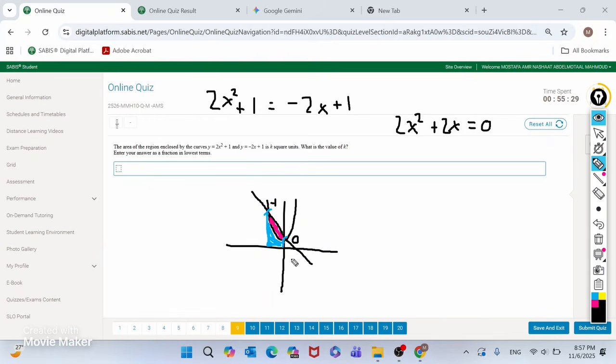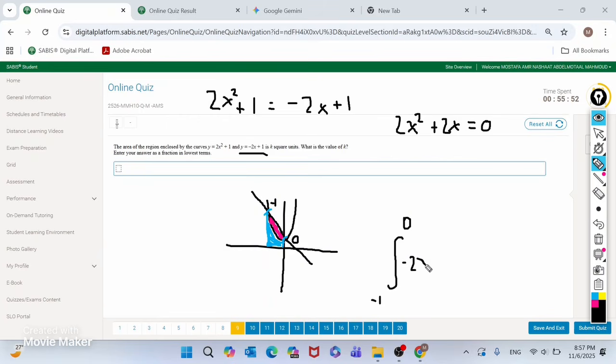So then you're going to do the integral of the line from negative 1 to 0. Usually you do the second one minus the first one, and if you don't know which is which, it's better to sketch it out and know what you're working with.